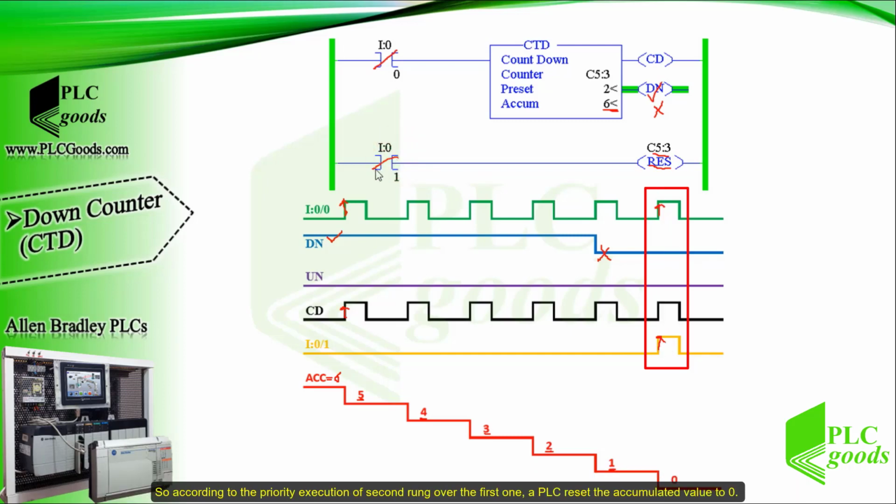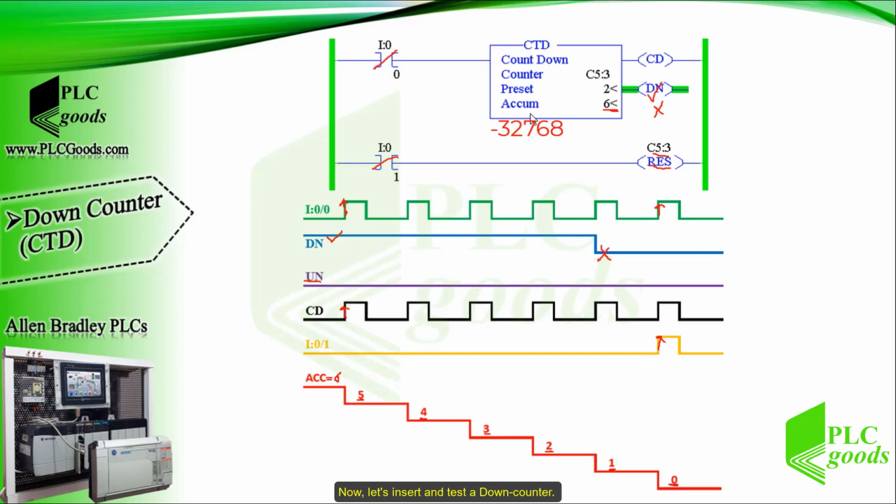So according to the priority, execution of the second rung over the first one, a PLC resets the accumulated value to 0. Another point to remind is that the underflow bit is set to 1 when the accumulated value exceeds the lower limit of minus 32,768. Now let's insert and test the down counter.